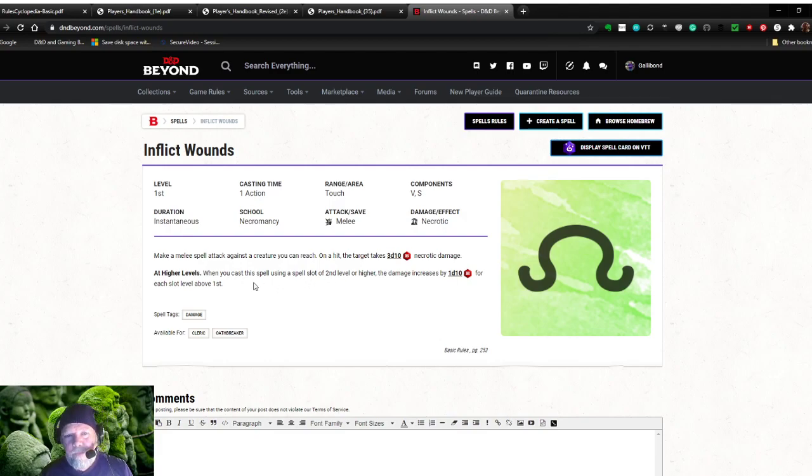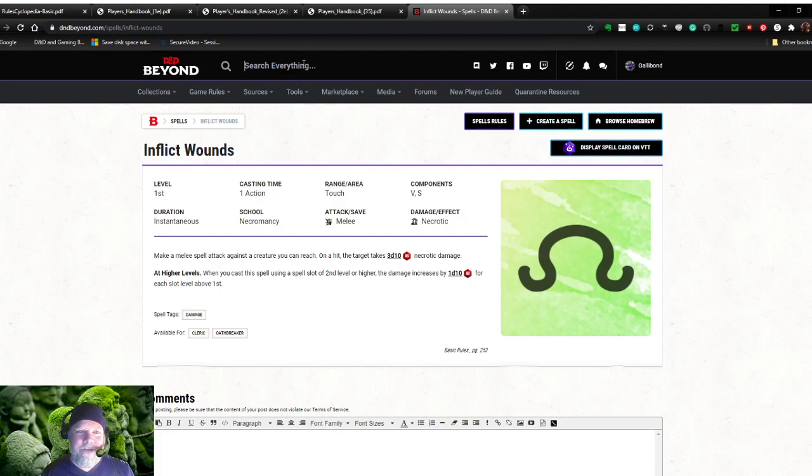Now you'll say, wow, that's really, really bad, because I don't think cure wounds heals 3d10 hit points. So it's kind of tilted.